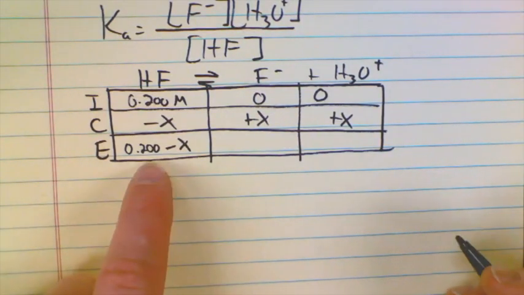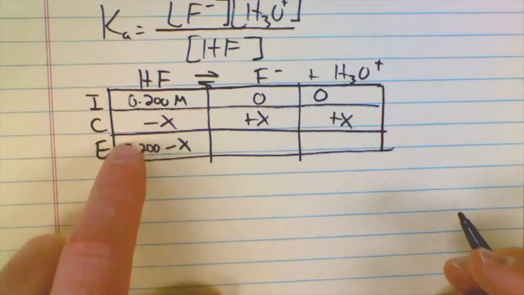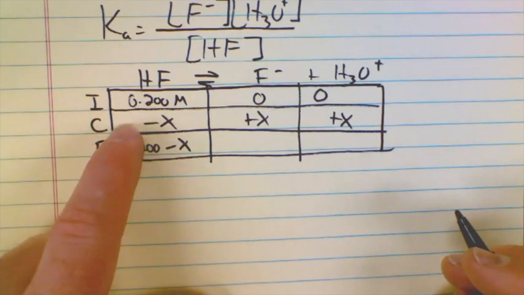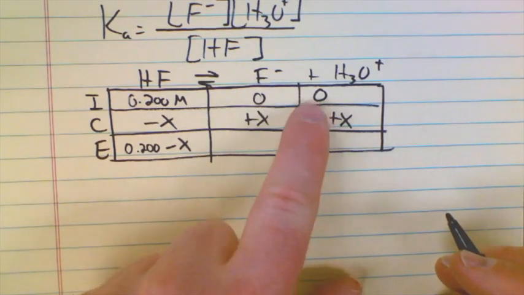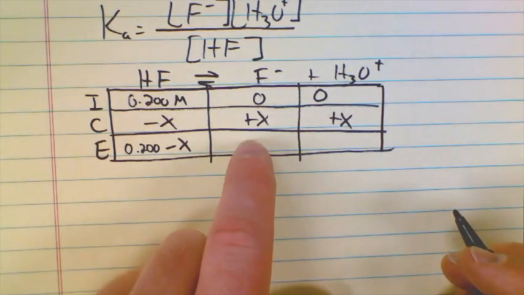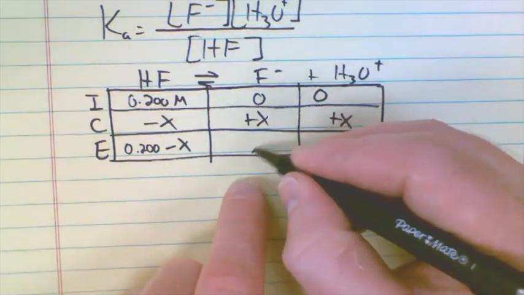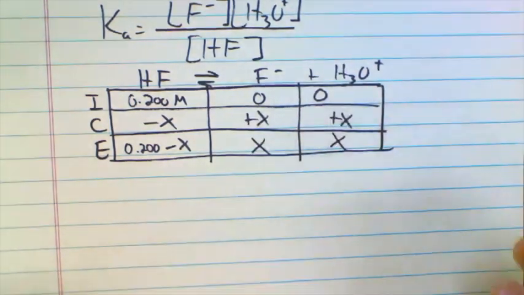Because that's how you get its equilibrium value. It's going to be this value minus whatever that value is. And because these values start out at 0, they just equal x, because you're just adding that amount.